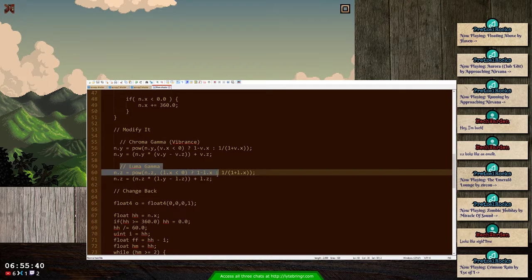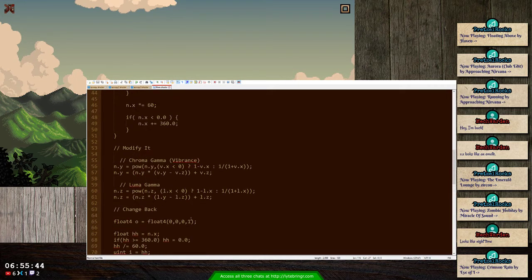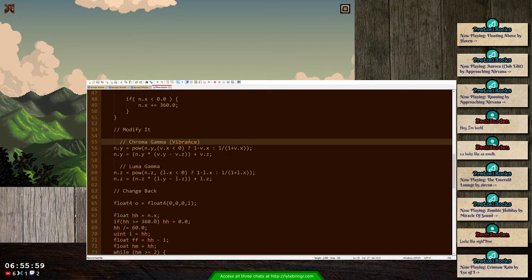Your Luma is held constant during this sort of color shift, and so you don't have to worry about it. So if you wanted to color shift it before running it through your vibrance filter, and so we would run this part first and then run it through the chroma to desaturate the sepia itself, which I'm not sure is really necessary.